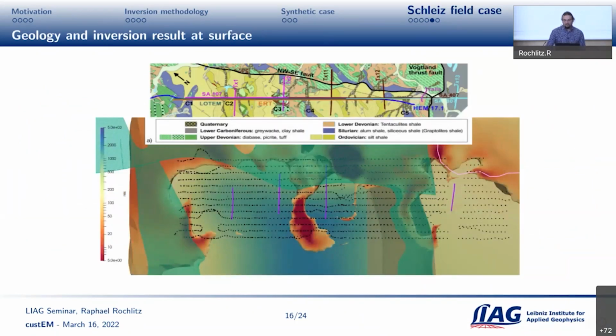And now I want to shortly comment on the geological information we have here. So we have already seen that we have black shale conductors in purple, which are on the northern side of our fault and which are also particularly located on the southern side of the fault.